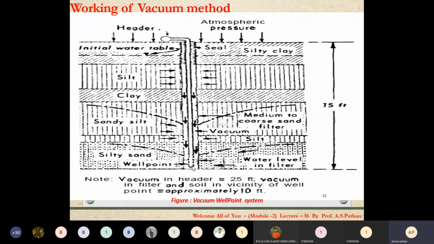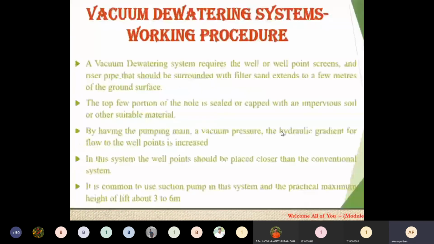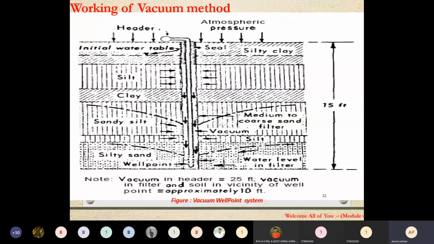Then this is a simple working procedure. This is the vacuum we have created from both sides, and with the help of a vacuum pump we create the vacuum. What is the purpose of creating the vacuum? You can see here, when the vacuum is drawn on the well point, the ground surface is subjected to unbalanced atmospheric pressure, and then the borehole is taken up to a level to which dewatering has to be done.